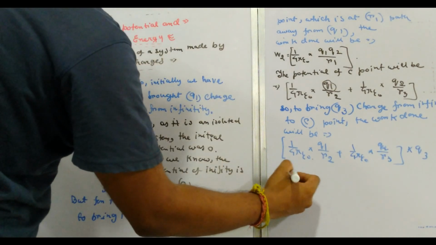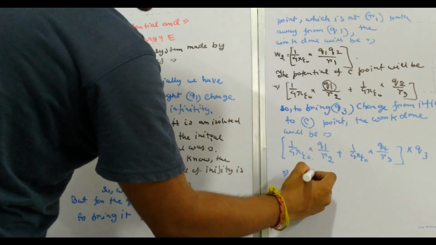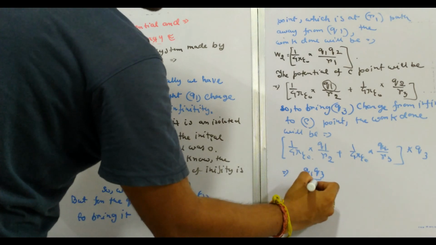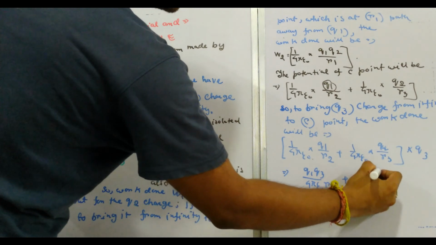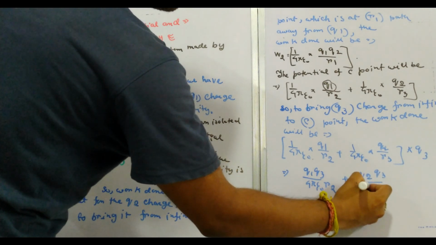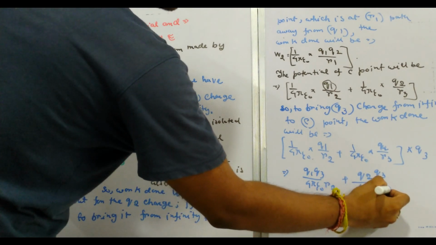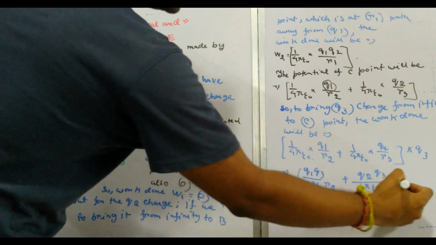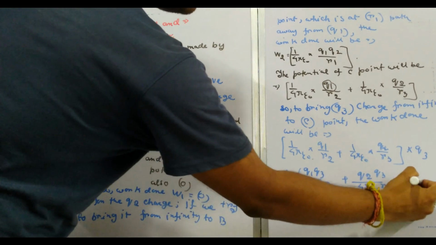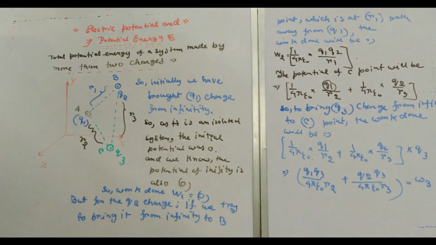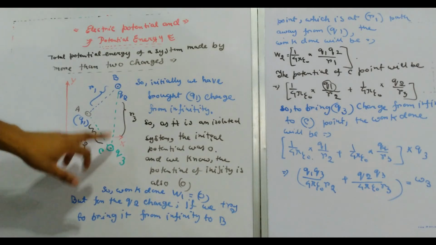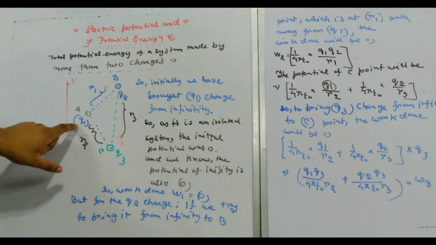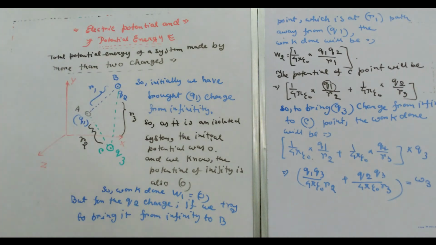Clear? So this will be Q1 Q3 by 4 pi epsilon naught R2 plus Q2 Q3 by 4 pi epsilon naught R3, and this will be the total work done to bring the Q3 charge from infinity to that point, which is at a distance of R2 from Q1 charge and R3 from Q2 charge.